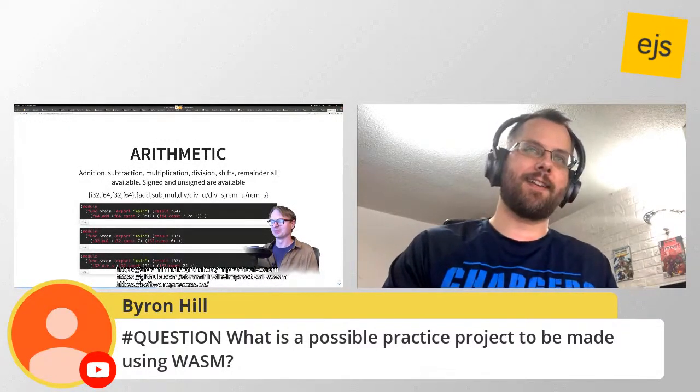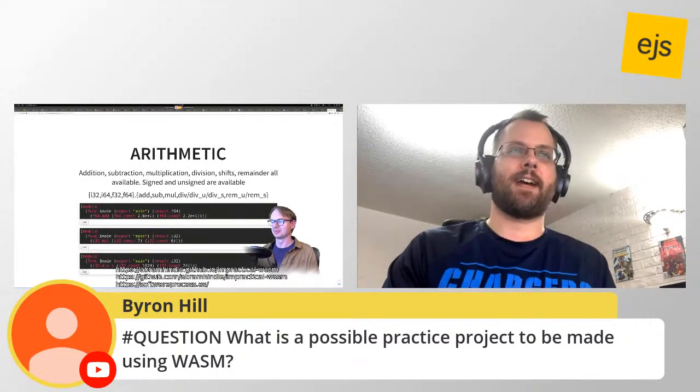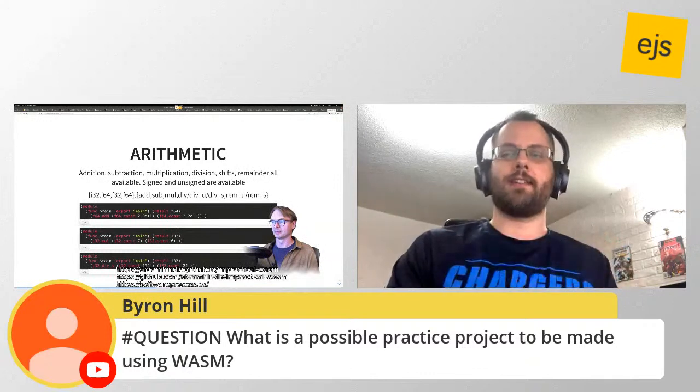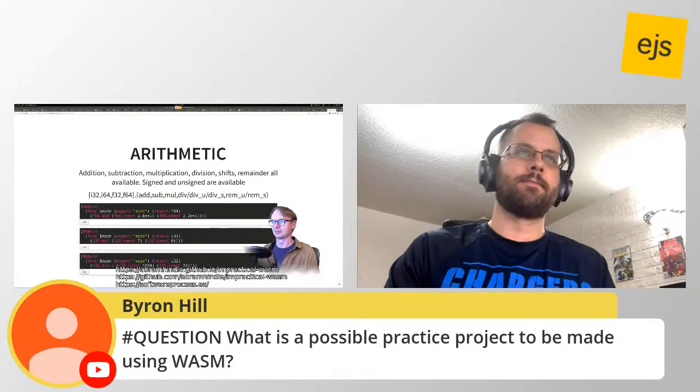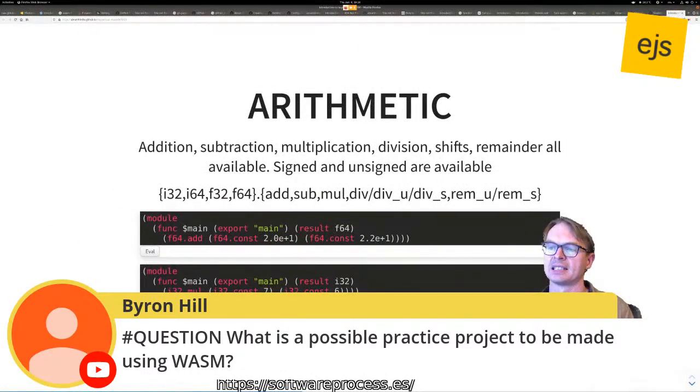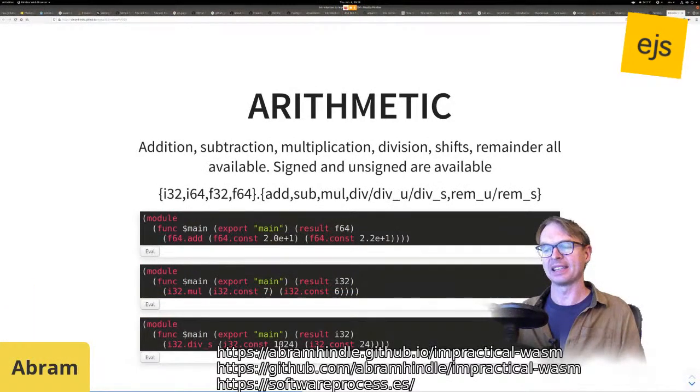All right. Possible question. This has got a lot of people excited. So Byron Hill in the chat has asked, what's a good project for a practice thing to start using WebAssembly? I would choose something that likes integers, that likes typing, that likes pooled memory.